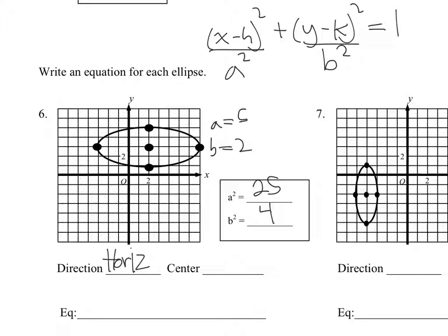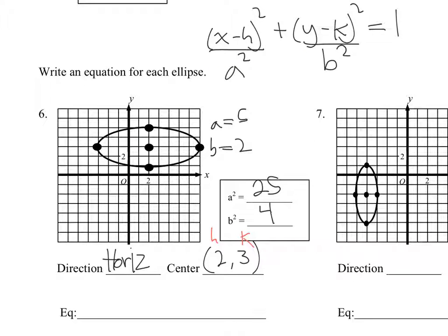Now our center is 2, 3. Okay? So our center is at the point 2, 3. So that tells us that is our h, that is our k. Now remember, they're going to be opposite because it's on the inside. So I can now just go ahead and use that information, plug all this information into this equation, okay?